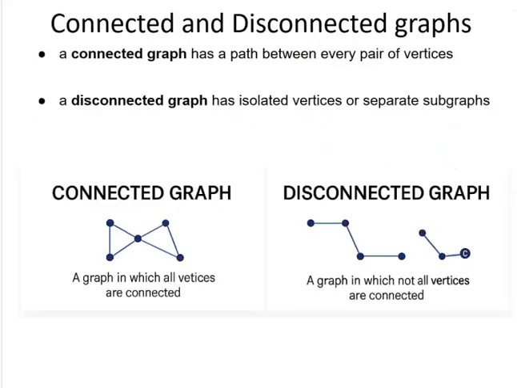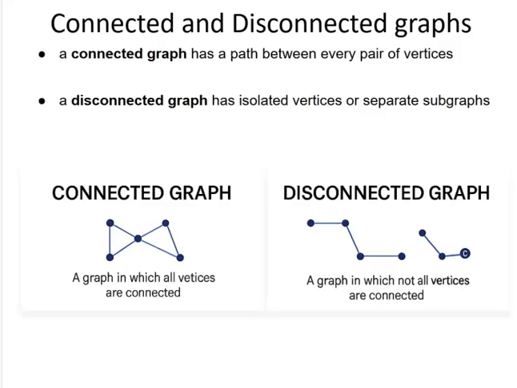We can have connected graphs, we can have disconnected graphs. Again, it should be fairly obvious. You can see in the diagram here, you've clearly got a situation where there's a disconnect. You've got two separate graphs that aren't connected together. A connected graph is a situation where all the vertices are effectively connected together.